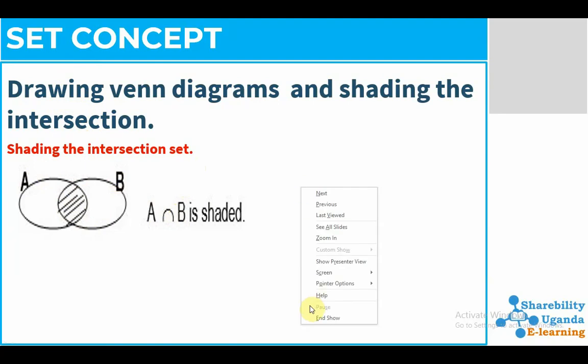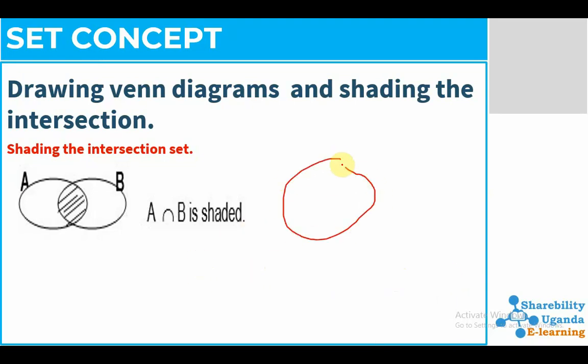An example, we can have our set like this. We call this our set A, and we get another set, and we call this set B. These are different sets.